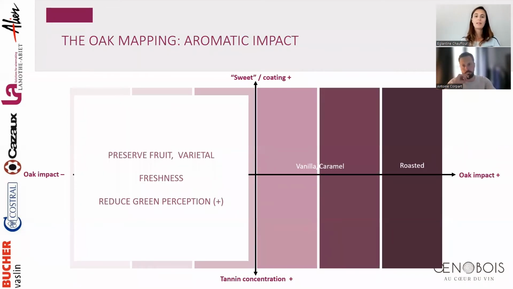In terms of aromatics, when we take the left side of the map, we are talking about oaks that are here to preserve the fruit, the varietal characteristics, and the freshness of the wine. They have a low oak impact. So they are really here to work on the structure or the mouthfeel, but not necessarily the aromas. And they can have a slight impact on the green perception, reducing the perception of green characters.